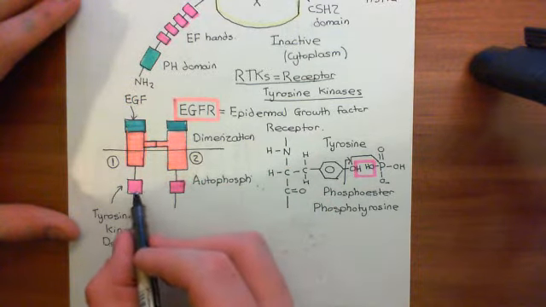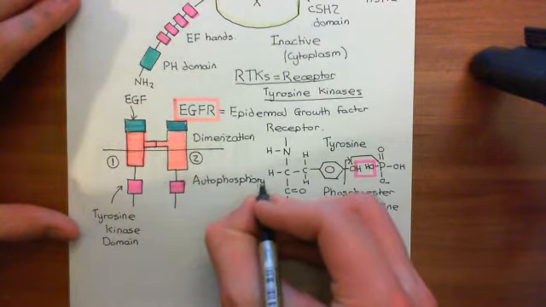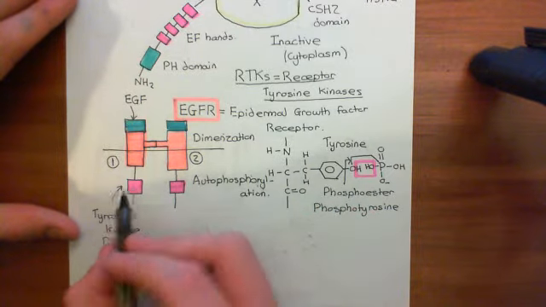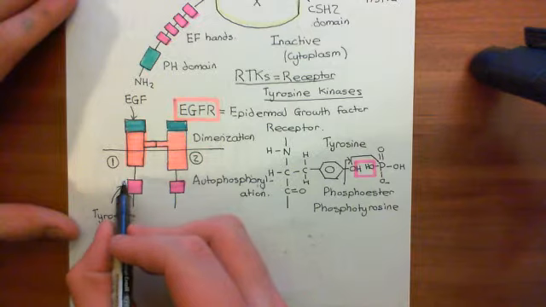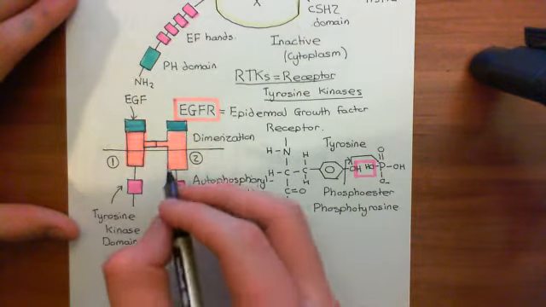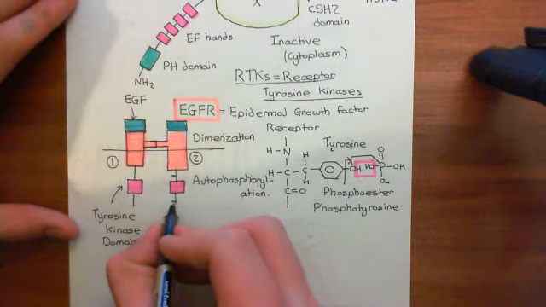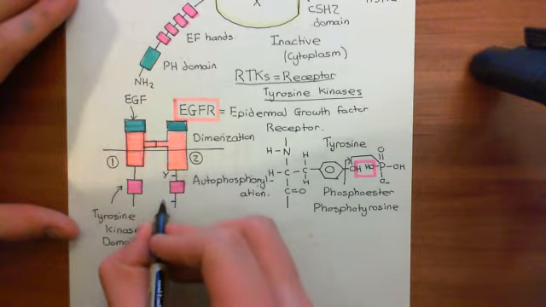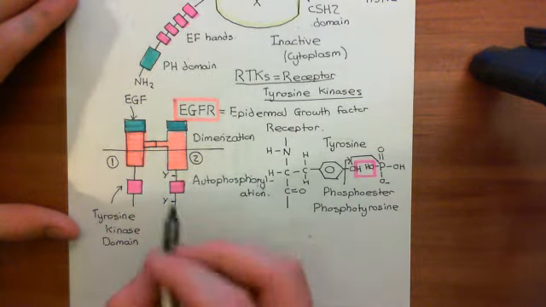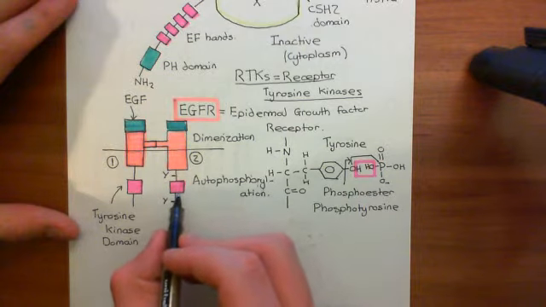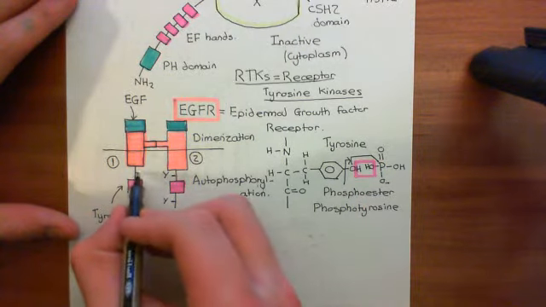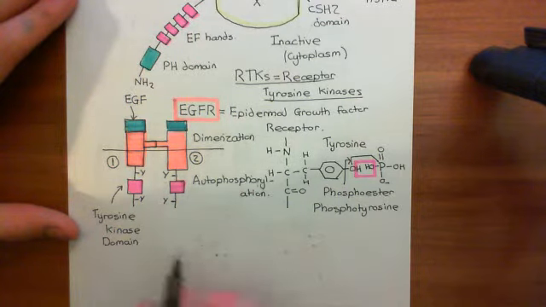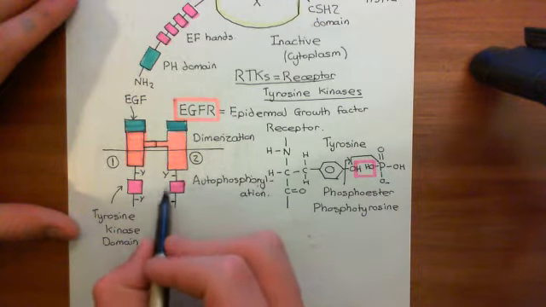And basically in autophosphorylation, the tyrosine kinase domain of epidermal growth factor receptor number 1 is going to phosphorylate tyrosine residues on the intracellular aspect of epidermal growth factor receptor number 2. So not only in the cytoplasmic domain do you have this domain that is capable of phosphorylating tyrosine residues, but you also have certain tyrosine residues that are meant to be phosphorylated. And you'll often have many of these, more than 2 potentially.